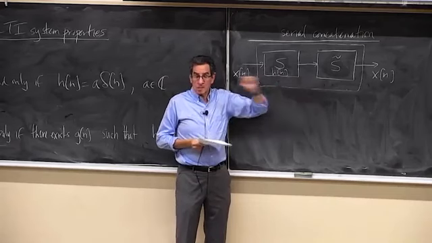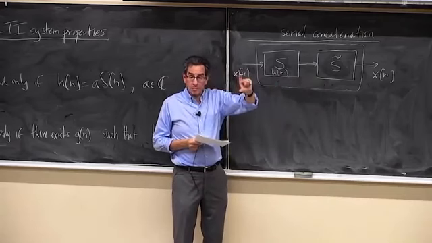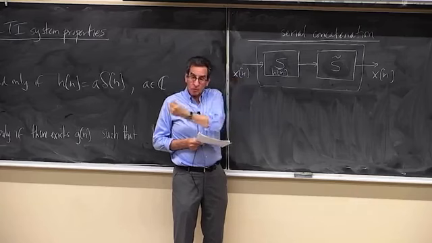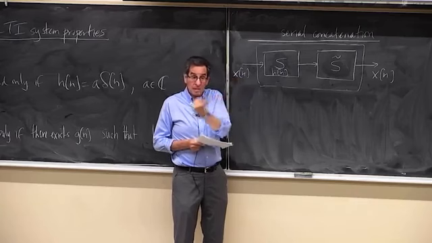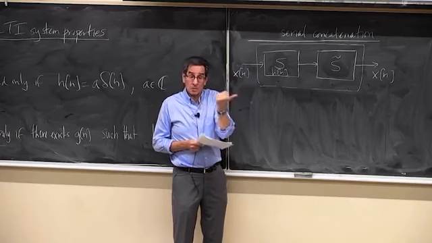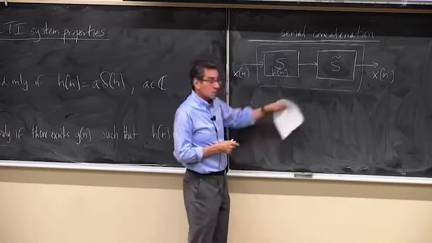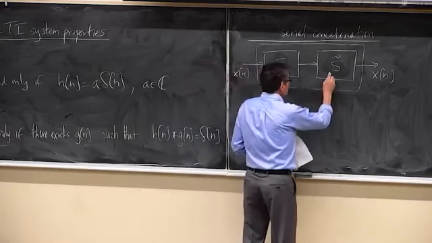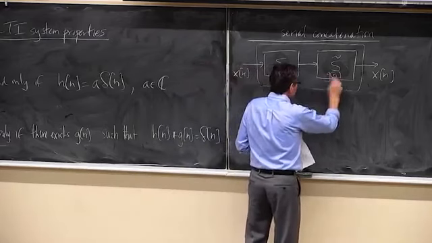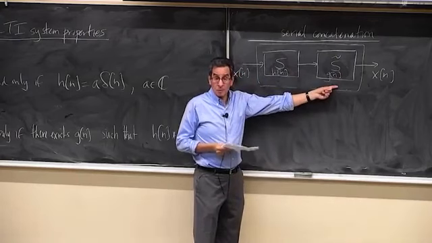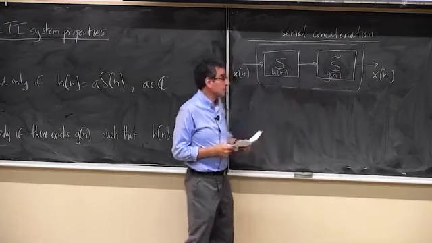And the way you check that is you write down the expression for what it means to be linear and to be LTI, and you just reverse the arrows. That's the argument that shows the inverse system must also be LTI. So we know the inverse is LTI, and so it has an impulse response. Let's call it g of n.